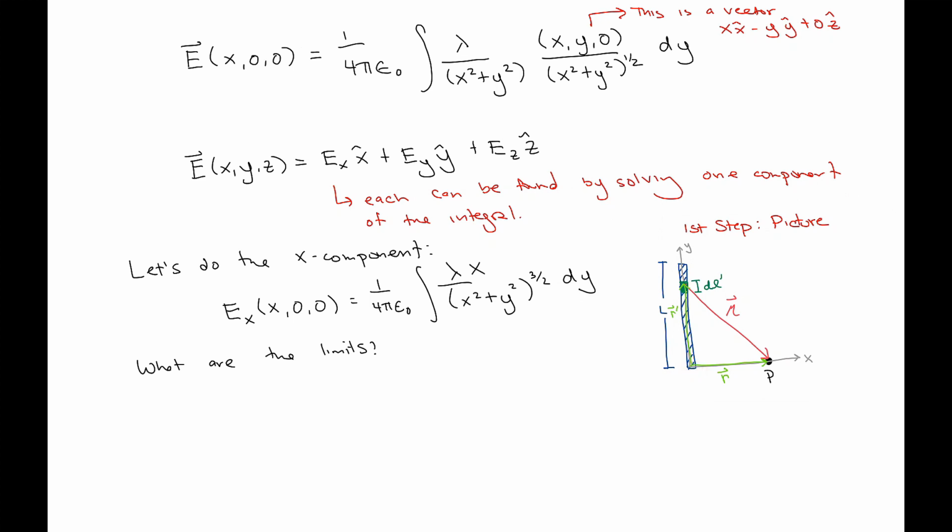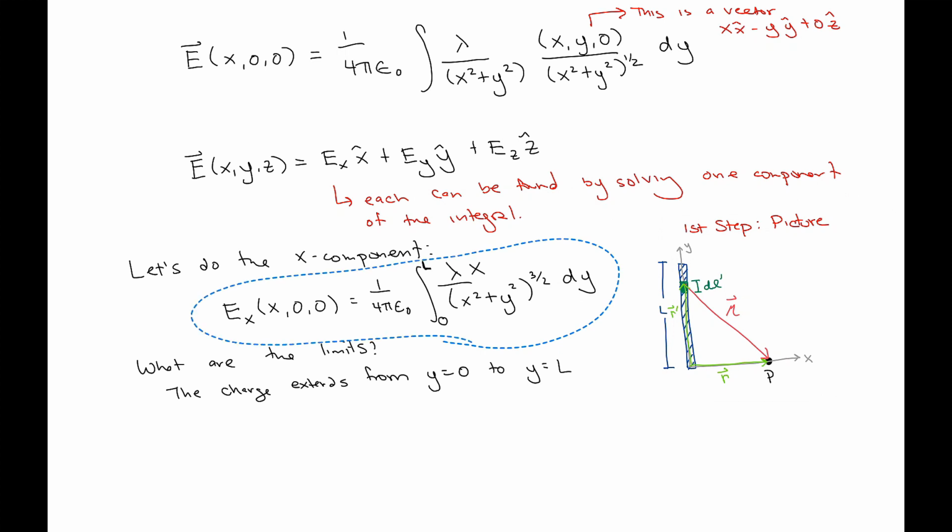So I know that the charge extends from y equals 0 to y equals L. That means I can put integration limits on here. I'm going to go from L to 0. Now the only thing we have to do is this integral here.